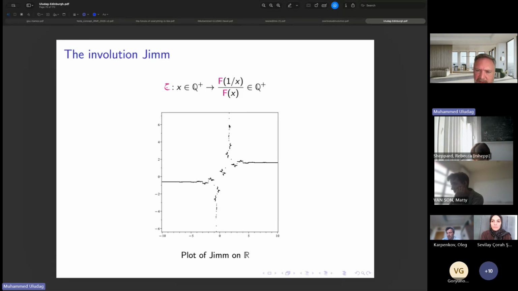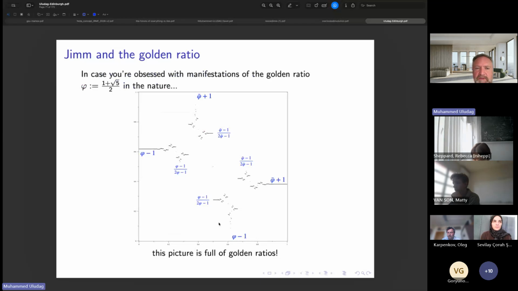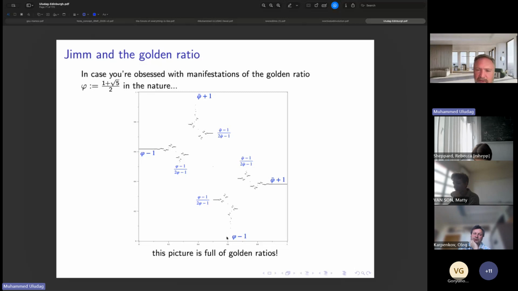It goes to infinity here, and this point is the golden ratio. And the two values here are the conjugate of the golden ratio. So in case you are one of those people who are obsessed with manifestations of the golden ratio in nature, this plot contains many golden ratios. In fact, any interesting feature that you can see here is related to a golden ratio.